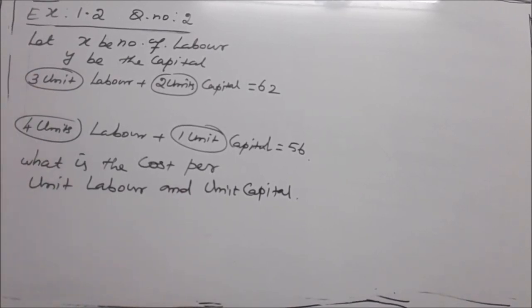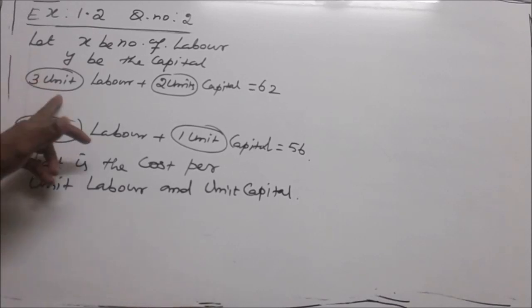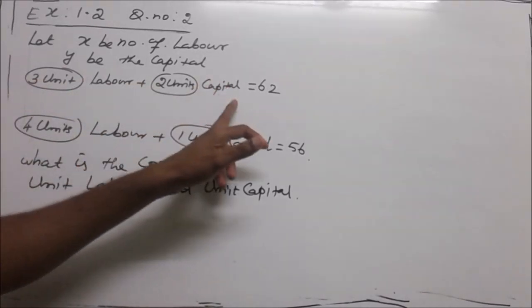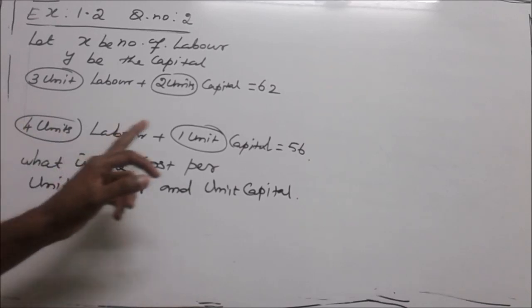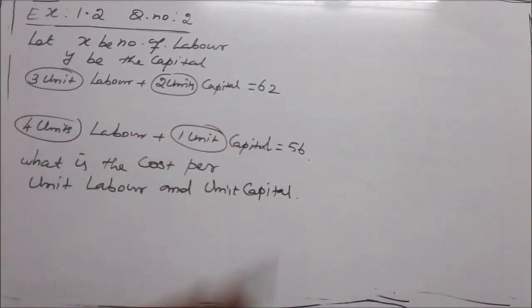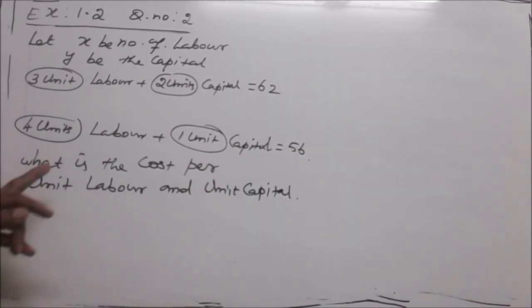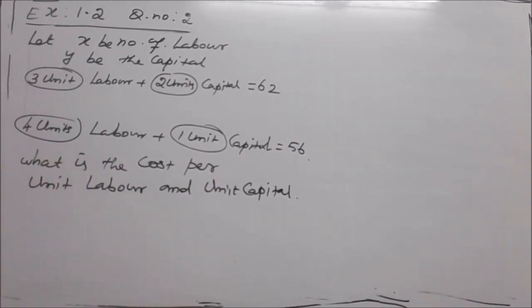A commodity produced by 3 units of labor and 2 units of capital costs 62. Suppose 4 units of labor and 1 unit of capital is taken, that costs rupees 56. Then what is the cost per unit of labor and unit of capital?